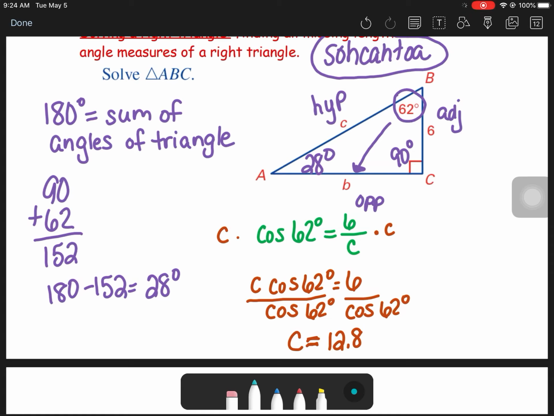Okay, now I'm missing B, which is the opposite side. So since I'm missing opposite and I have adjacent, I'm going to do tangent. So tangent of 62 degrees equals opposite, which is side B, over adjacent, which is 6.